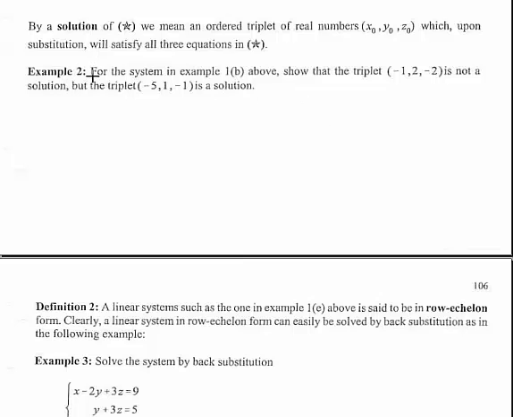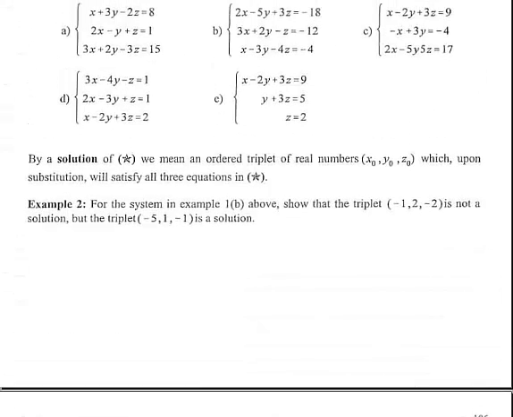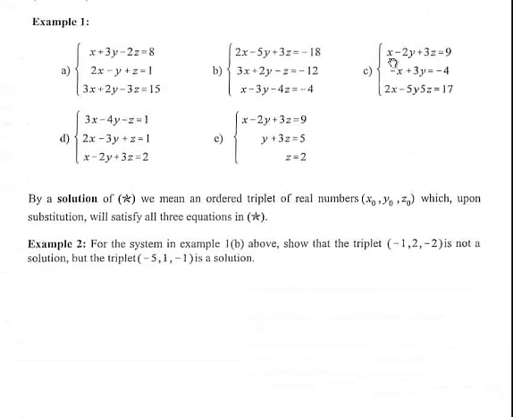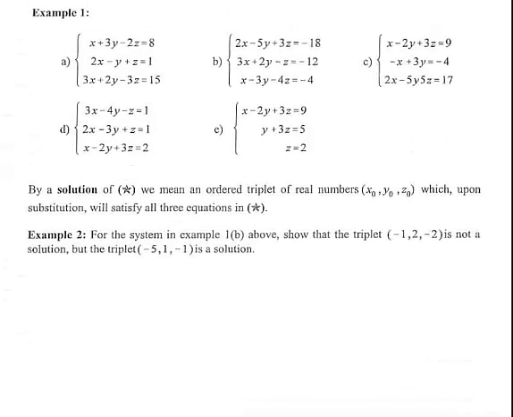So example 2 says we want to take 1b, and we want to test to see if this triplet is a solution to all three equations, and therefore a solution to the system. So let me go back up to the top and copy B down to example 2.